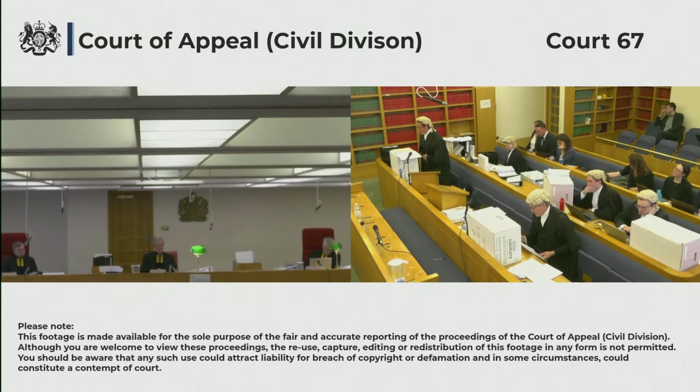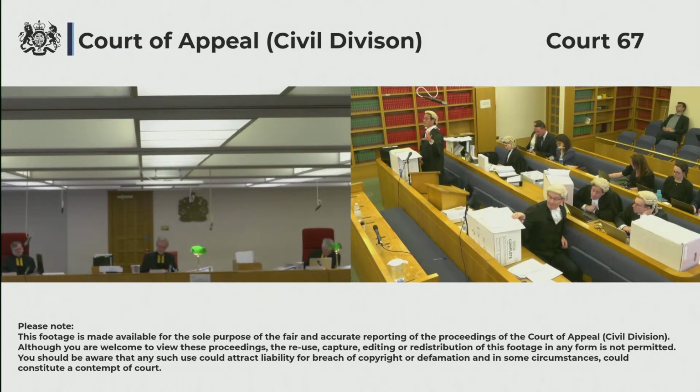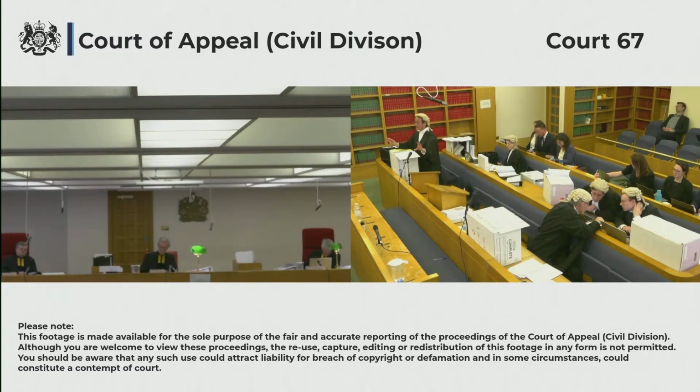So, my lord, as you know, there was an important and correct concession by the defendants at paragraph 74 of their skeleton argument that they could not object to the claims of heirs, essentially, that were being brought, both as heirs as well as in respect of personal losses. They don't challenge that. That's paragraph 74 of their skeleton.